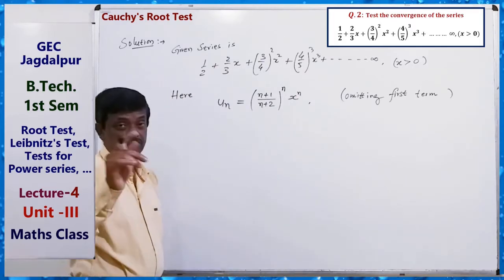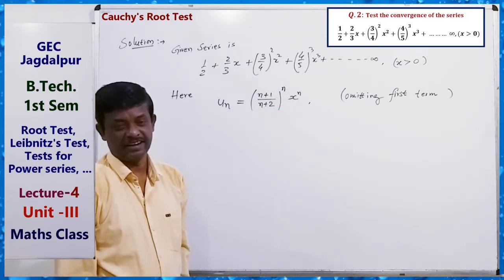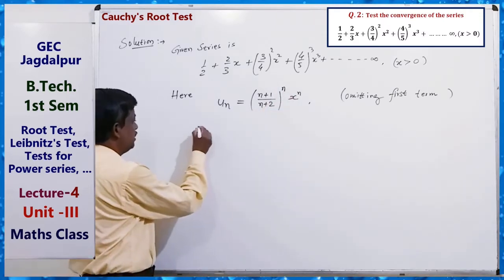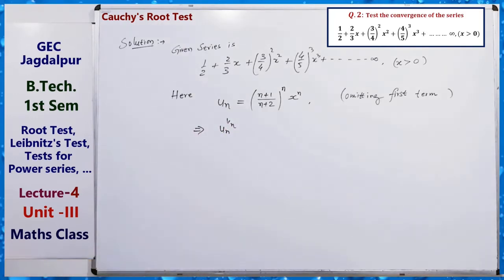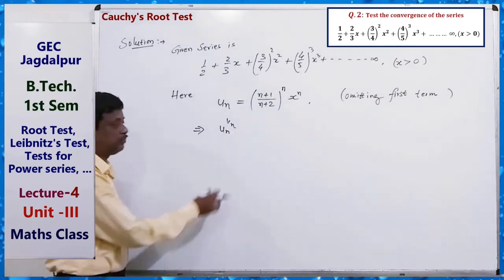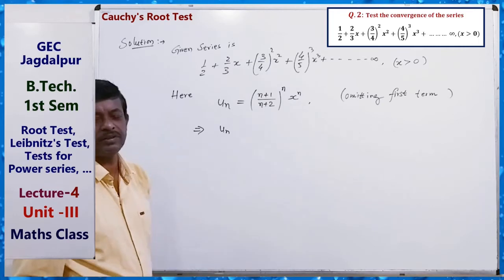Okay, so here we see that the power is n, so Cauchy's root test can be used because the power is having n.